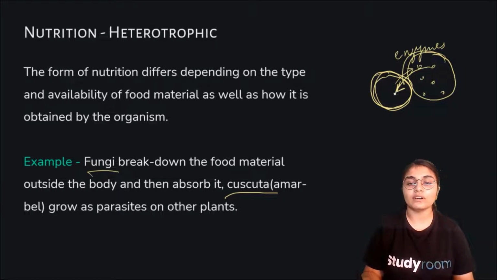That is why it is said that it depends on the type and availability of food material as well as how it is obtained by the organism. So heterotrophic nutrition actually differs, and it has many types, like the parasitic type, saprophytic type, and holozoic type. These are the kinds of nutrition that take place in heterotrophs.